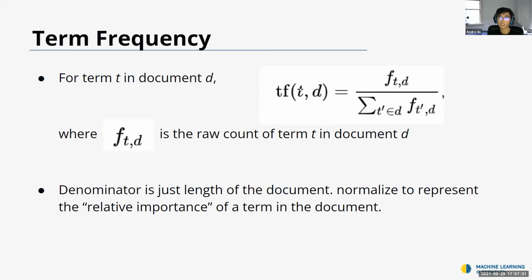So here, the parameters in the function, t is the term, a particular word in this case, and d is the document, the passage you're looking at. So the term frequency is just the raw count of the term you're looking at over the length of the document. The thing in the denominator sums over the frequency of all terms, so it just gives you the length of the document.